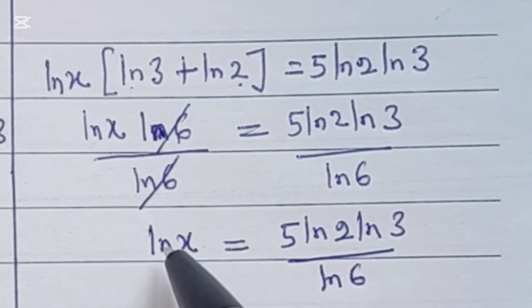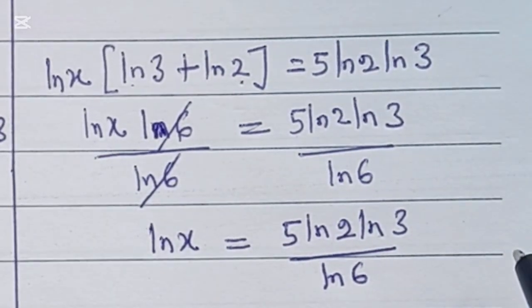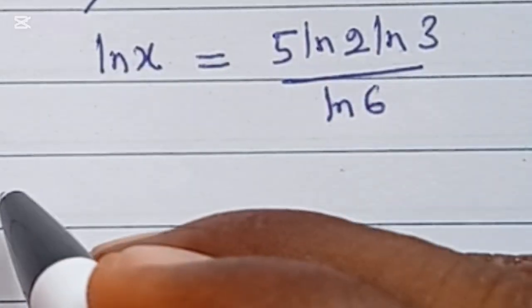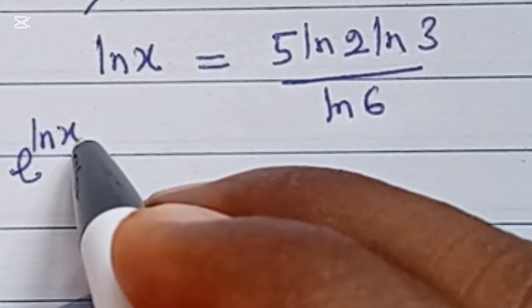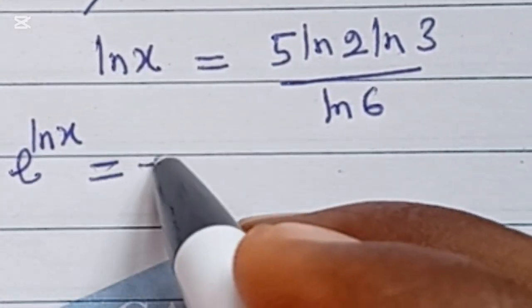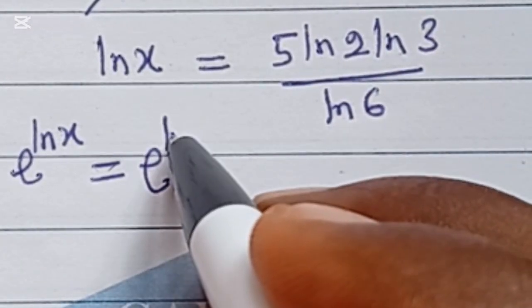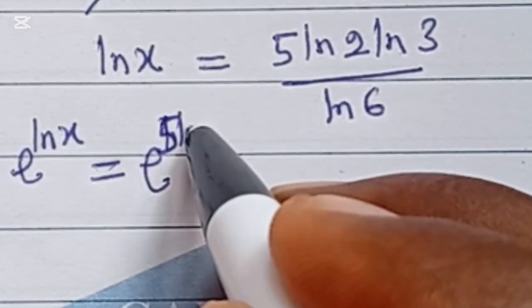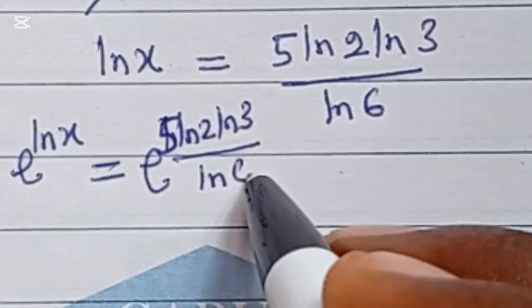Okay, so to get the value of x, all you can simply do is to take the exponent of both sides. When you take the exponent of both sides, this becomes exponent of ln x, okay, is equal to exponent of the entire thing here, which is 5 ln 2 ln 3 over ln 6.